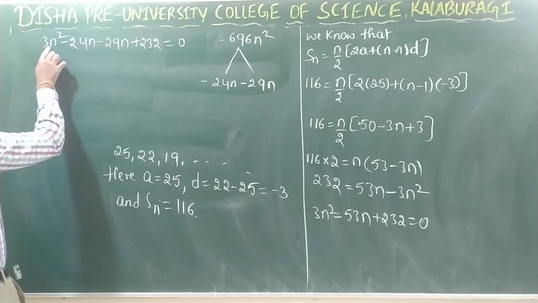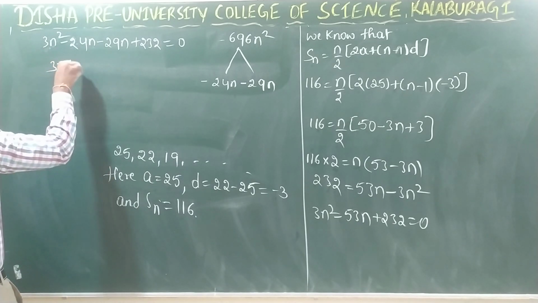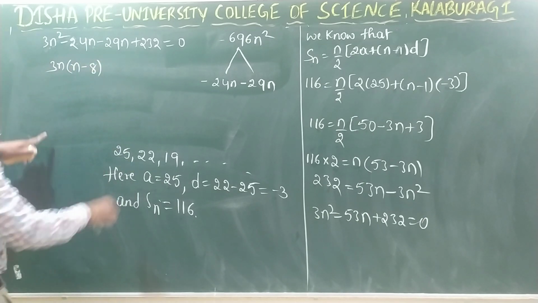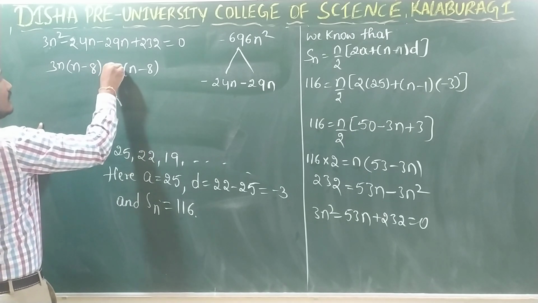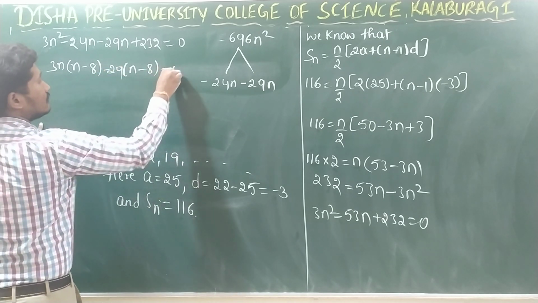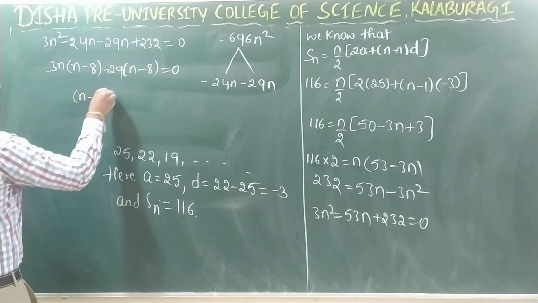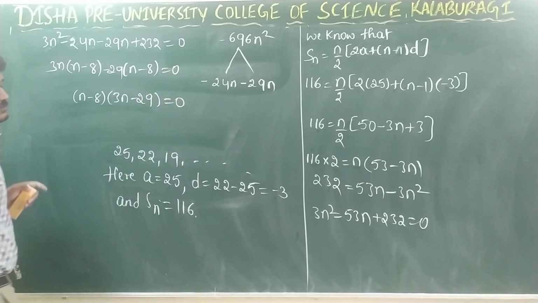So 3 is common for both the terms. So take 3 outside. Here N is also common. Take N outside. So remaining is N minus 8. So write N minus 8 as it is. So here minus 29 will be common. So this is equal to 0. So in both the terms N minus 8 is common. Here 3N minus 29 equal to 0.